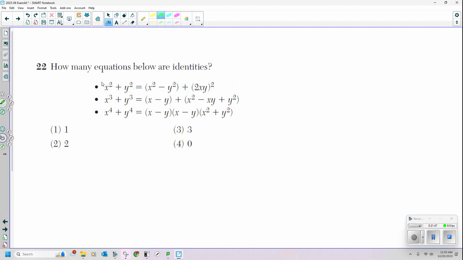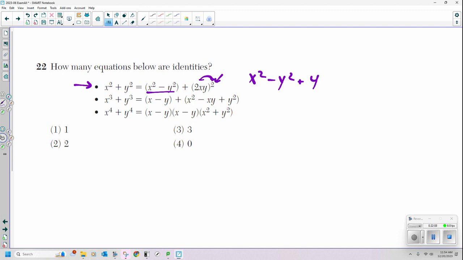Let's start with the first one. If I combine these things, I've got to FOIL this one. I've got x squared minus y squared, plus, if I square this, I've got to square everything on the inside. Square the 2, that gives me 4.